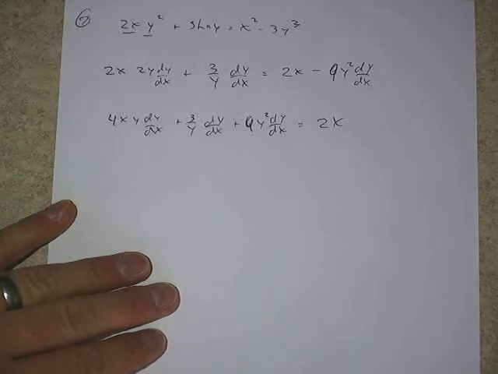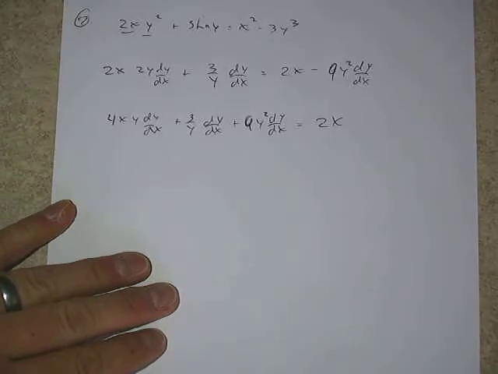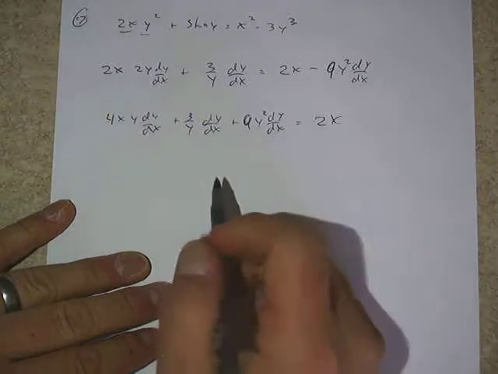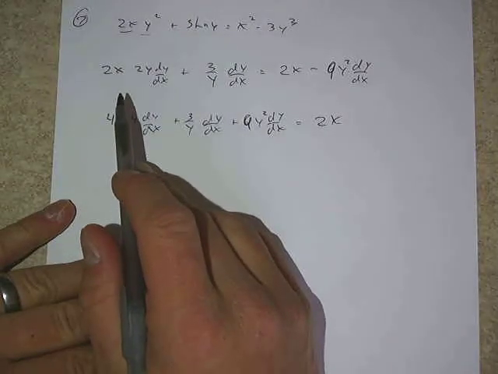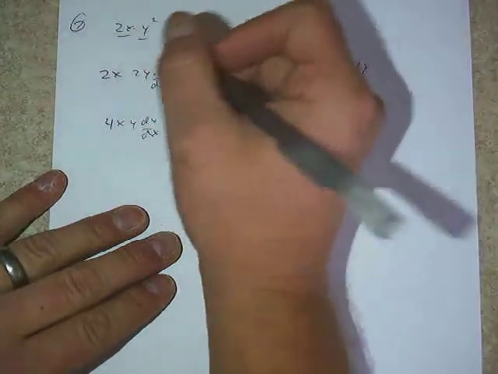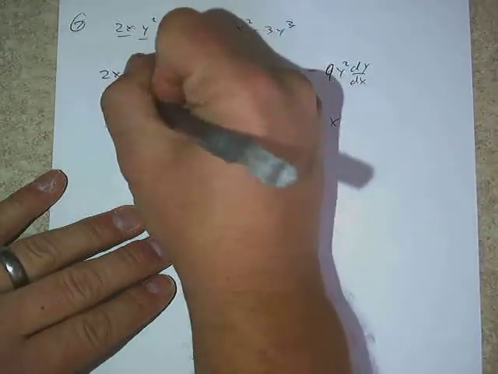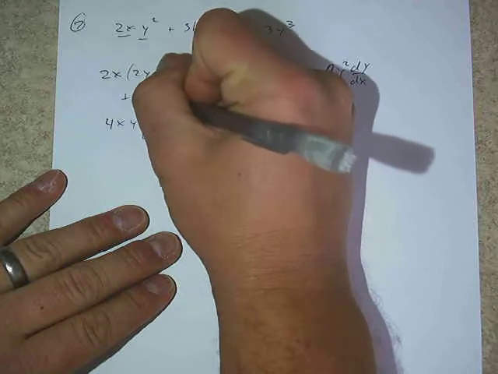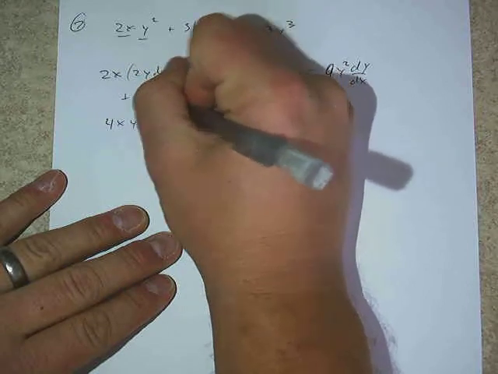Where am I? Oh, did I write the problem down wrong? Oh, this is 3 cubed. There we go. So that's actually a 9y squared then. So 9y squared there. That would help to write the problem down, right? So 9y squared. Everything else look good so far?